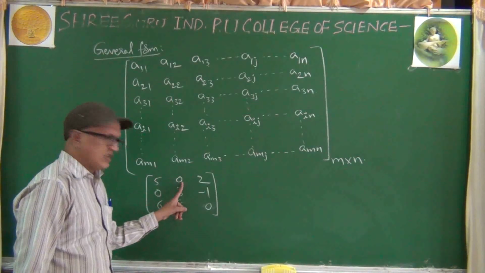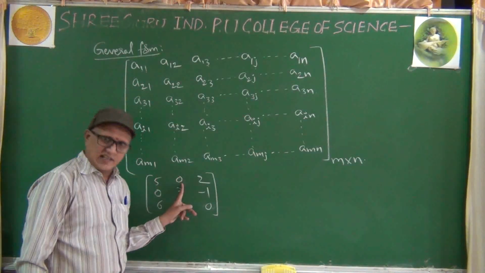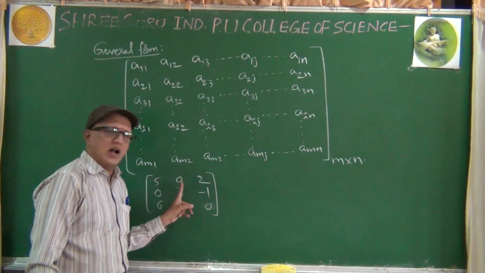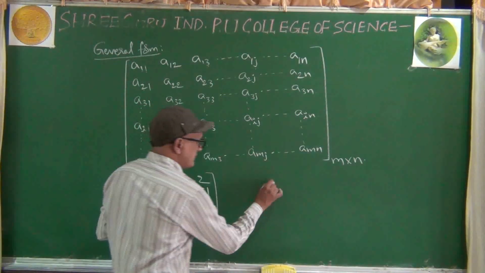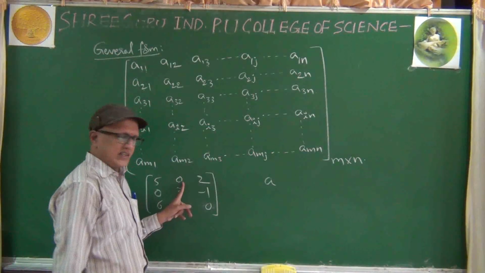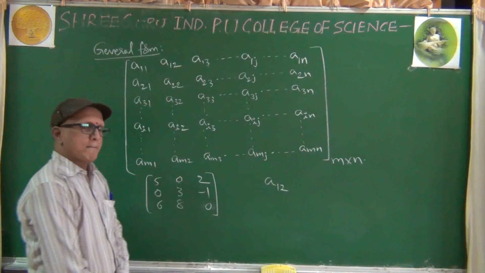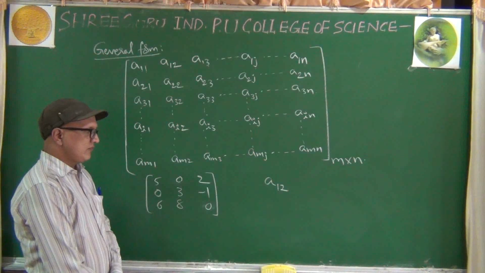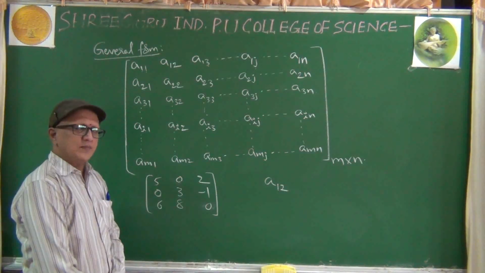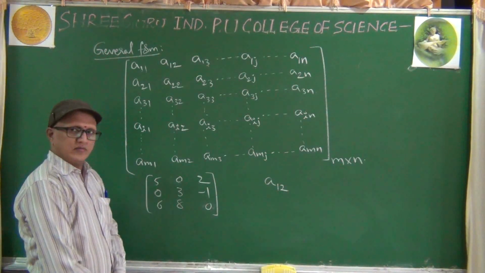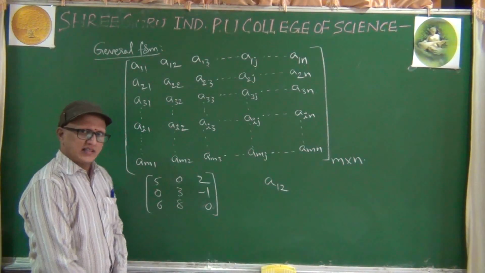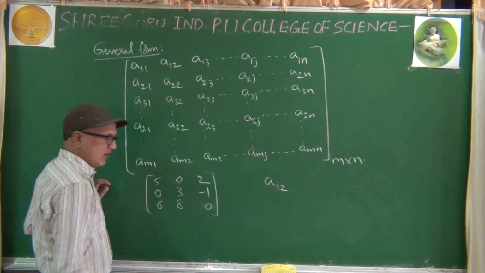Coming to this 0, its address is A12: first row, second column. Think about it. Is it really in the first row, second column? Let us see how it is.